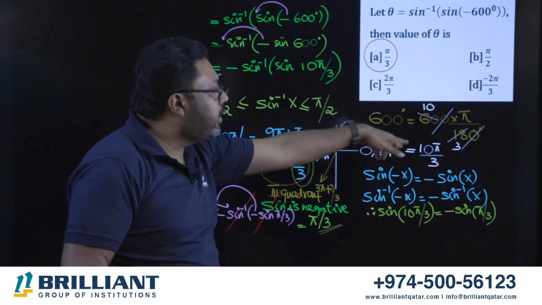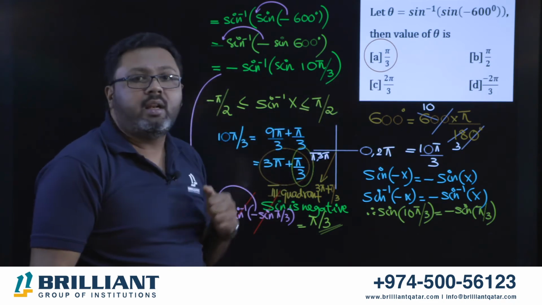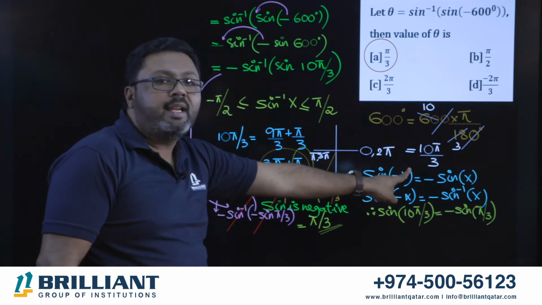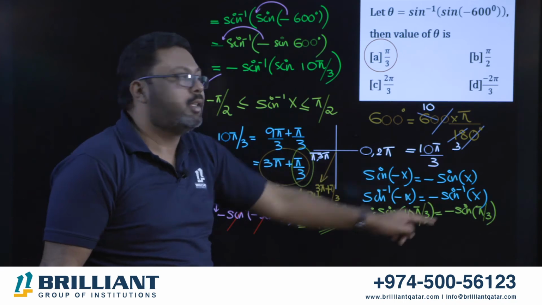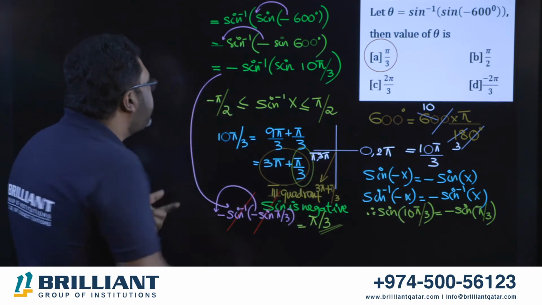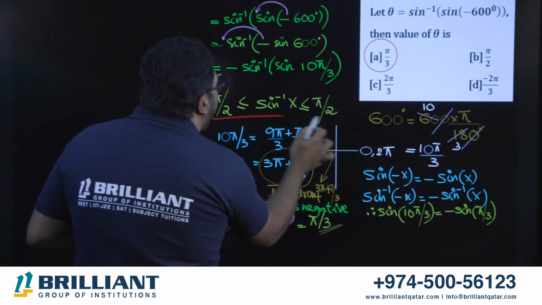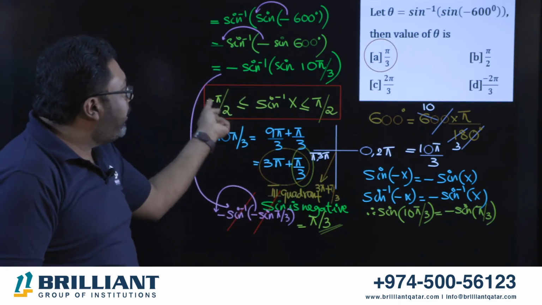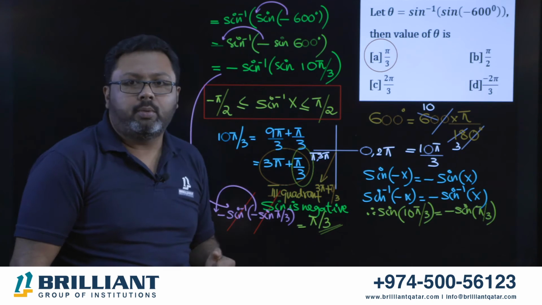A lot of properties came in this question. First thing, I had to convert that to radian because my answers are in radian. Second, I had to use the property of sine of minus x and sine inverse of minus x. Third, I had to understand that sine inverse x has a principal value branch between minus pi by 2 and pi by 2.